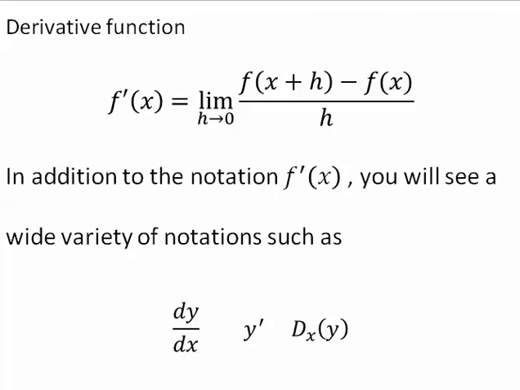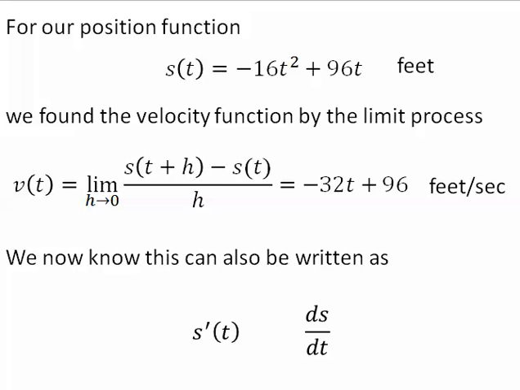For our position function, s of t equals negative 16t squared plus 96t, we found the velocity function by the limit process. So we now know that this velocity can also be written as the derivative of the position function s prime of t, or even ds dt.